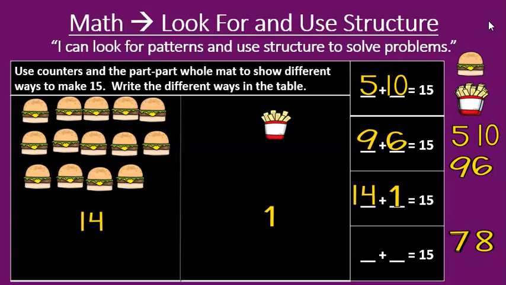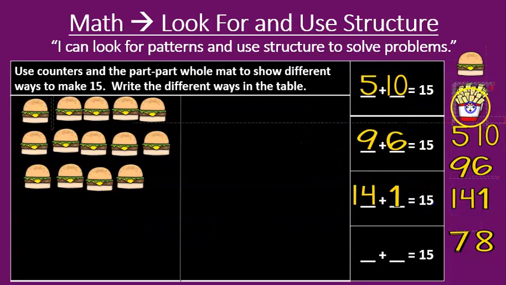And like I said, there's lots of numbers we can use to get to 15, but according to our picture that we did here, we have 14 hamburgers and 1 French fry. 14 plus 1, that's going to equal 15, okay? Now, let me put these numbers back, and we're going to do our last addition equation together, okay?